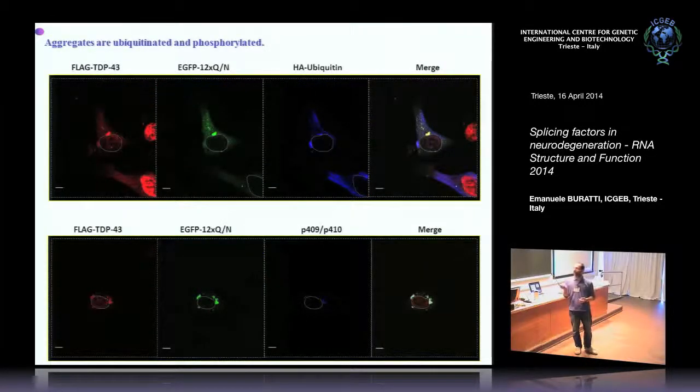And not only can this effector trap the Tdp-43 in the aggregates, but these aggregates also start to share some of the characteristics of the aggregates that are found in the patients. That is, they are ubiquitinated and they are also phosphorylated.